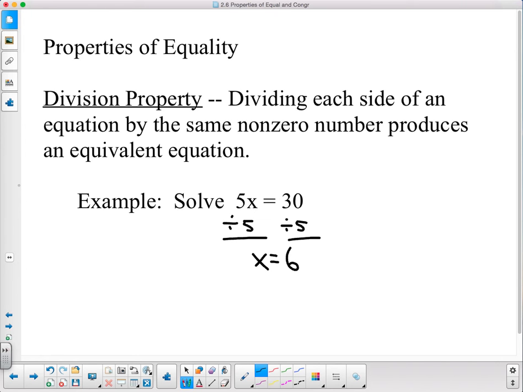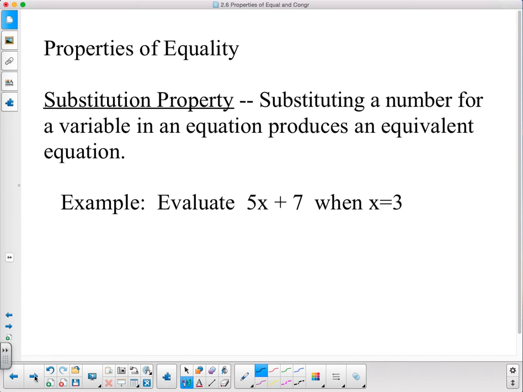So nothing different than what you did solving in algebra. We're just going to, in addition, write down what the name of the property is. And there's also a substitution property of equality. Substituting a number for a variable in an equation produces an equivalent equation. That's the way that you used it in algebra.